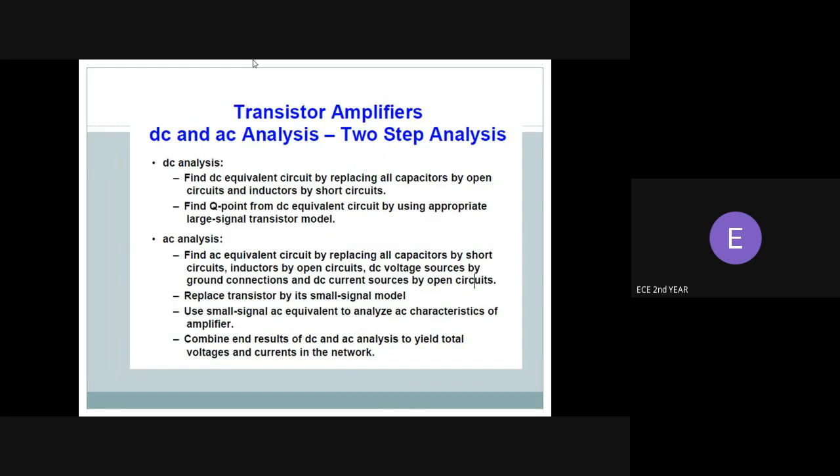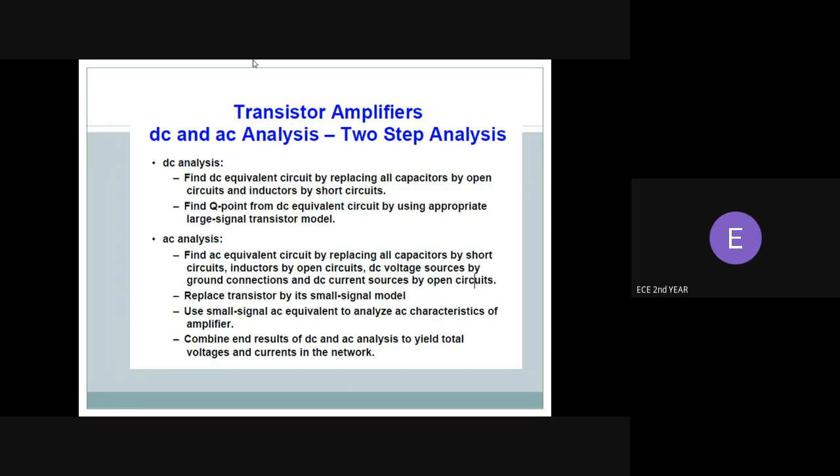Transistor amplifier DC and AC analysis: a two-step analysis. DC analysis: find the DC equivalent circuit by replacing all capacitors by open circuits and inductors by short circuits. Find the Q point from the DC equivalent circuit by using the appropriate large-signal transistor model.